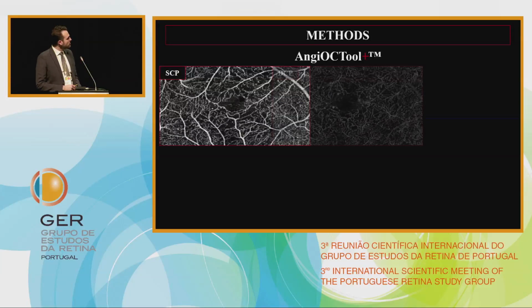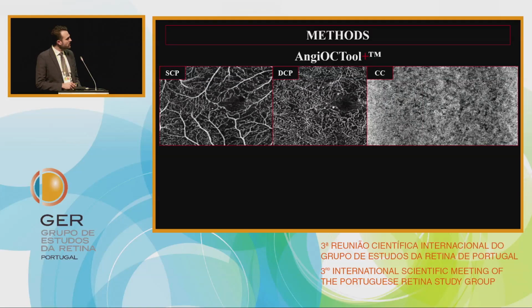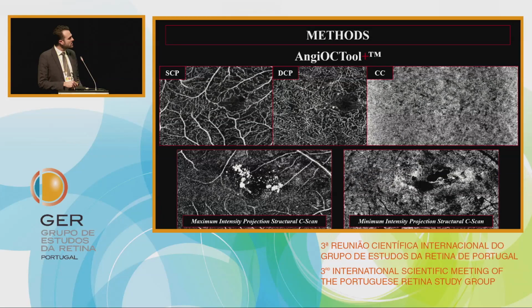The AngioCT tool works almost in this way. It takes information from the superficial and deep capillary plexus and also from the choriocapillaris. In order to exclude potential confounding factors, for example hard exudates or cystoid spaces, it also works on structural imaging.